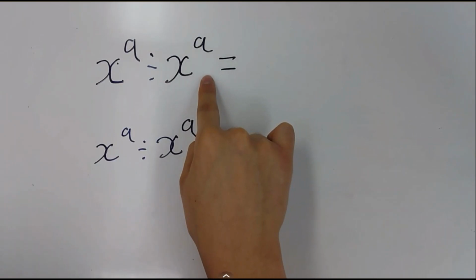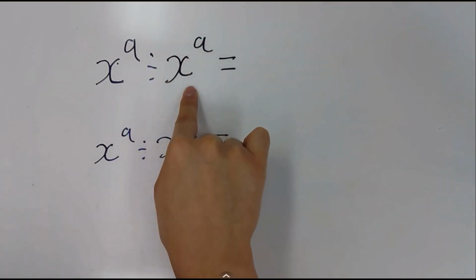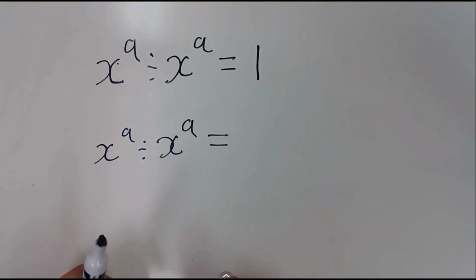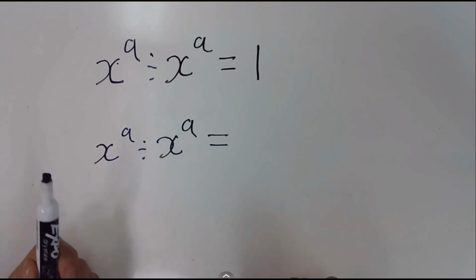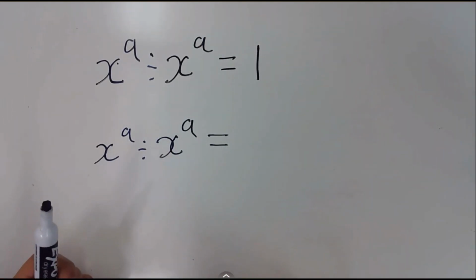And we have learned that anything divided by itself is always equal to 1. Just like how 2 divided by 2 is equal to 1, 7 divided by 7 is 1, a million divided by a million is 1. Just like that, x to the power of a divided by x to the power of a is equal to 1.